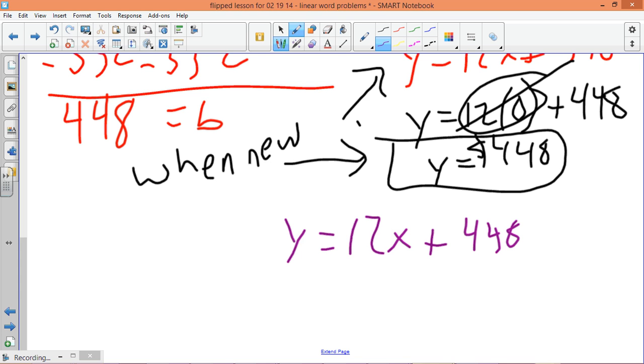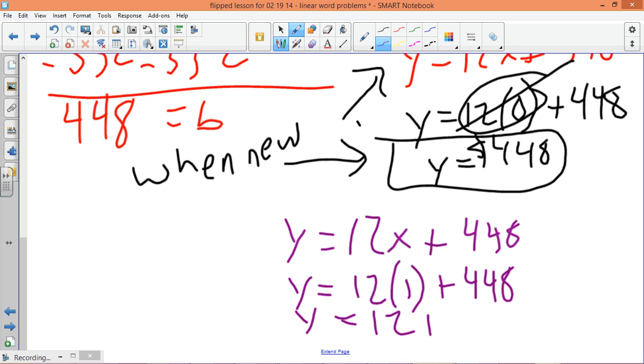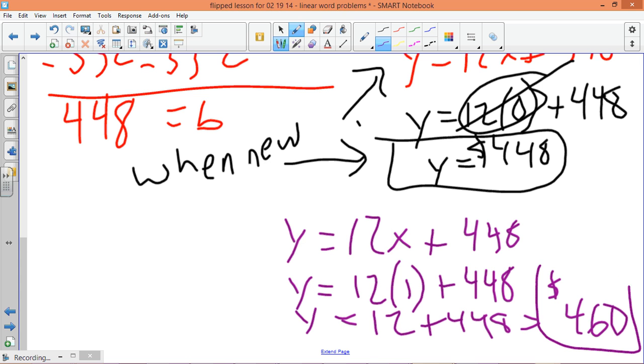That's when x equals 1. So y equals 12 times 1 plus 448. So y equals 12 plus 448. y equals $460. That is my answer for the year after.